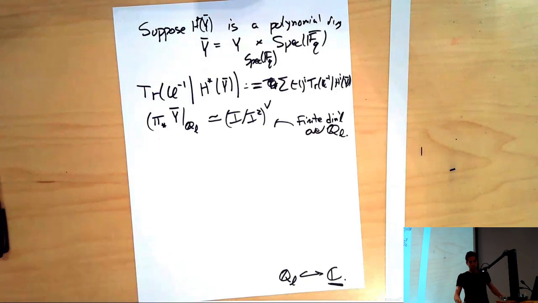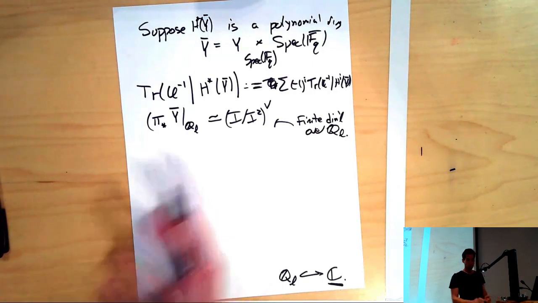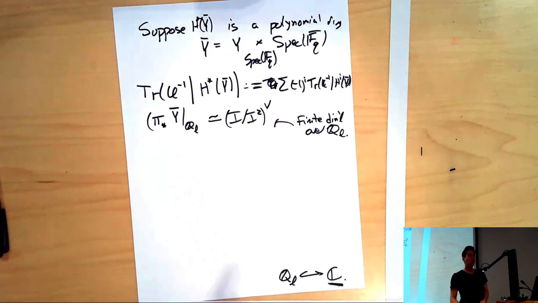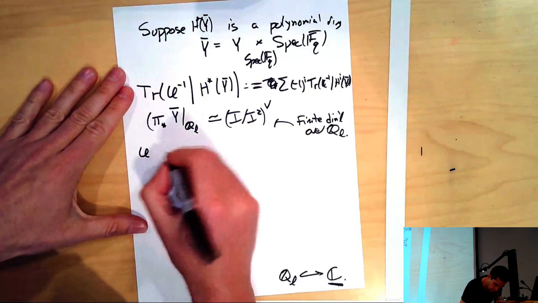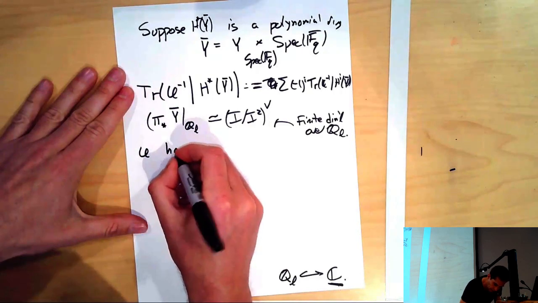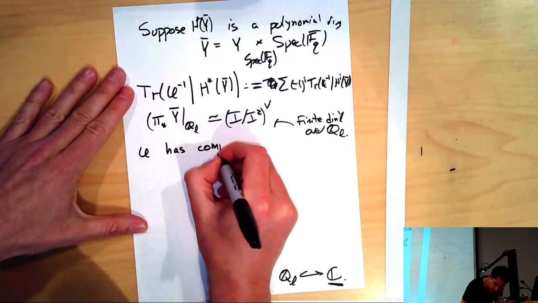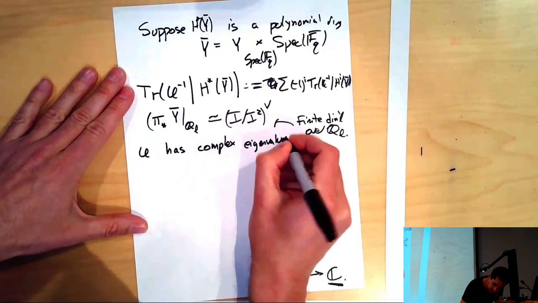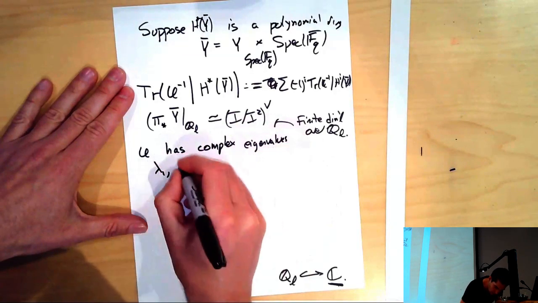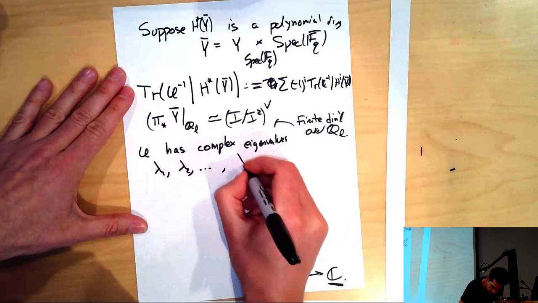So now let me think about the eigenvalues of Frobenius on this once I extend scalars to the complex numbers. So the Frobenius has complex eigenvalues, which I'll denote by lambda 1, lambda 2, and so forth, lambda n.